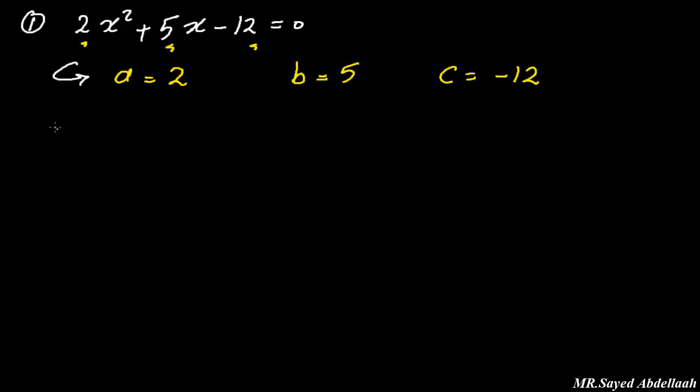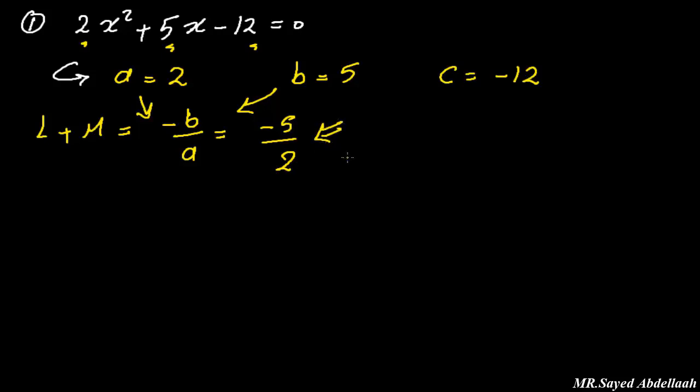We want the sum of two roots, L plus M. L plus M equals negative b divided by a. Now substituting with b and a: negative b, negative 5, divided by a, divided by 2. Then this is the sum of two roots.